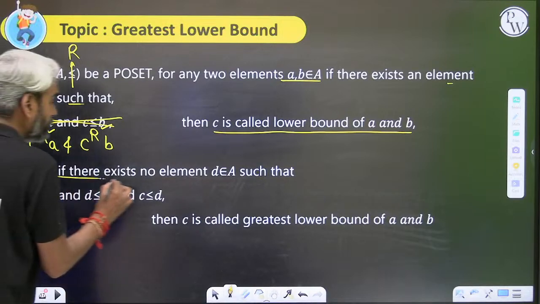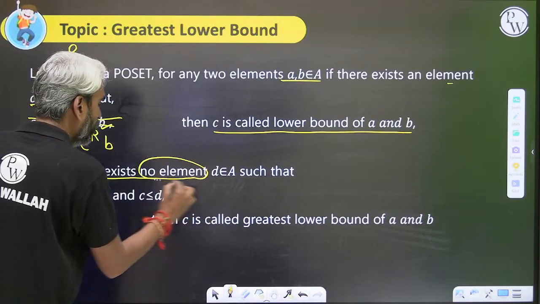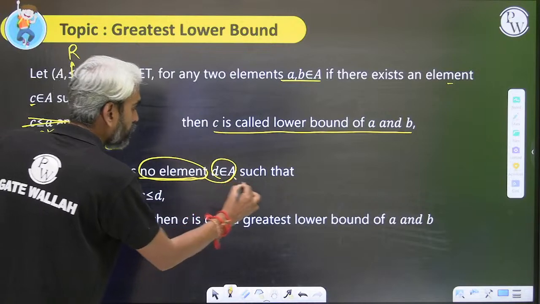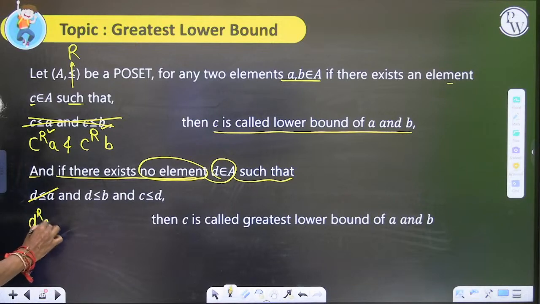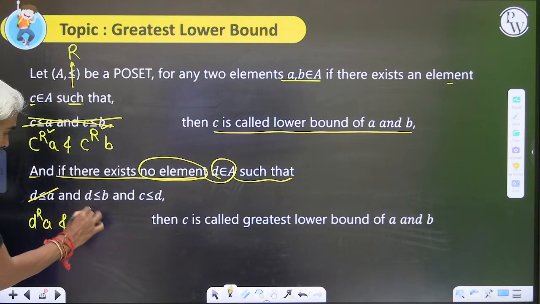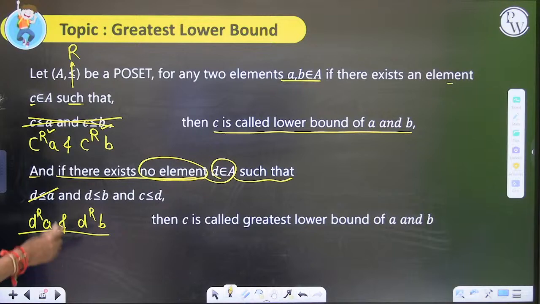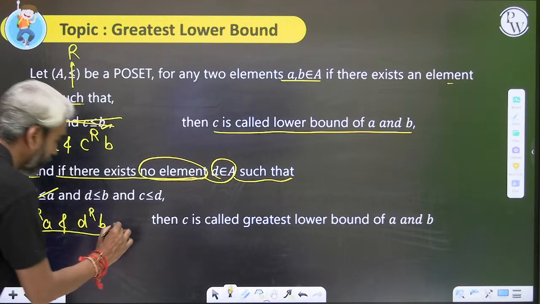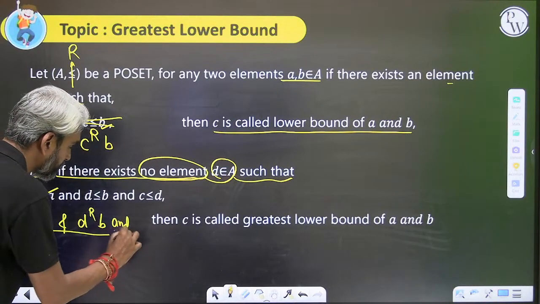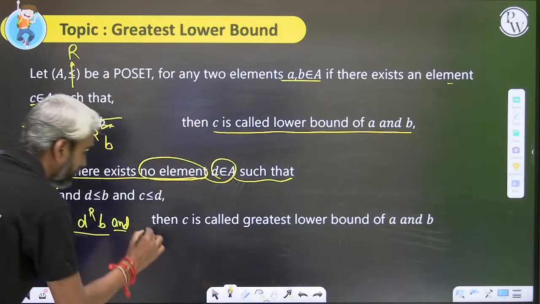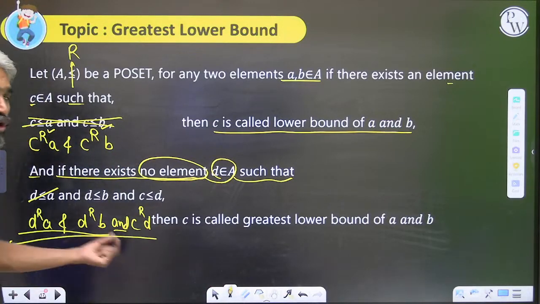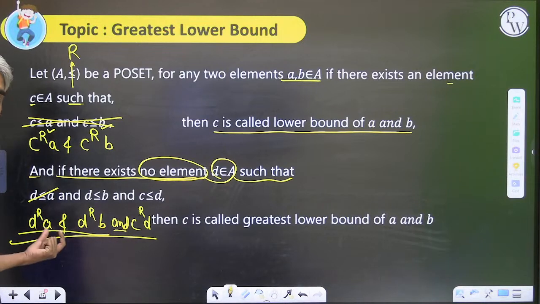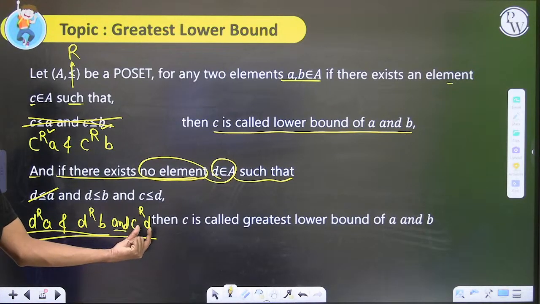And if there exists no element d belonging to set A such that d is at the lower side of a and d at the lower side of b, that is, no lower bound d of a and b which is at the upper side of c, then ultimately there is no lower bound of a and b which is at the upper side of c.